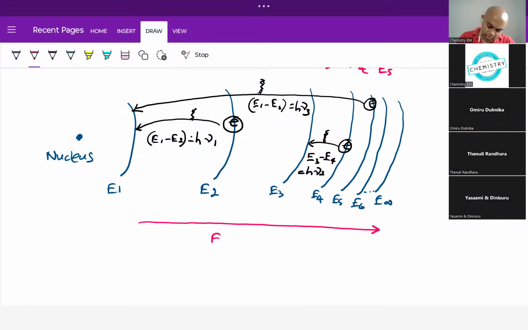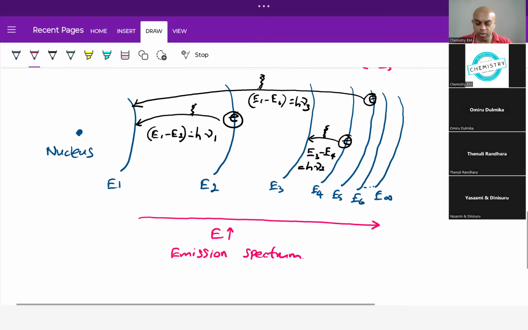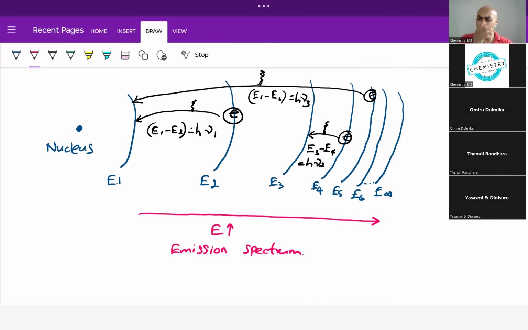This is the emission spectrum. So we are talking about only one electron. That one electron can be moved here and there. Infinite number of ways will be there. So it is creating a lot of energy level differences. That is the idea.